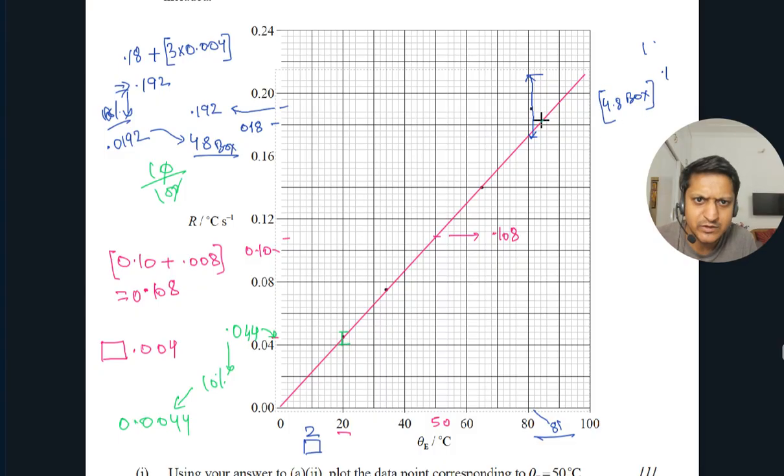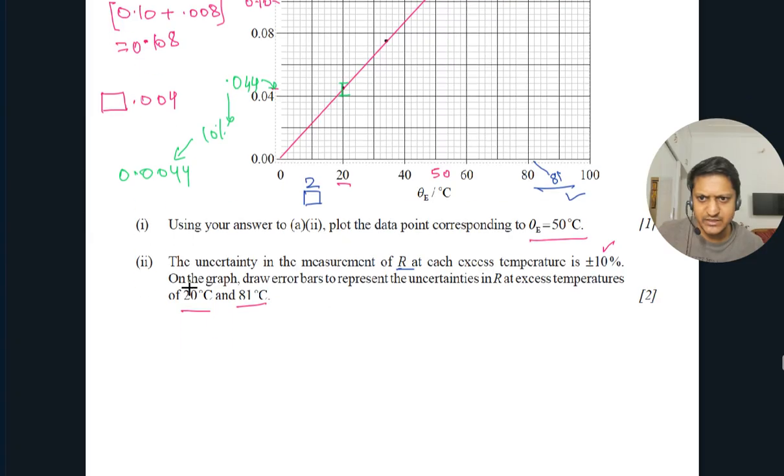Basically 5 boxes, 1, 2, 3, 4, a little bit more. You can go. Okay, so this is the error part from 81 degrees Celsius, and this was from 20 degrees. So this is the second part.